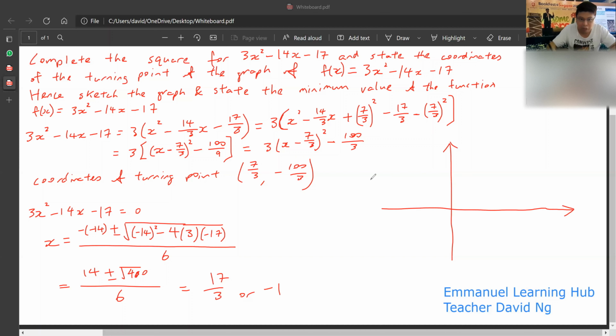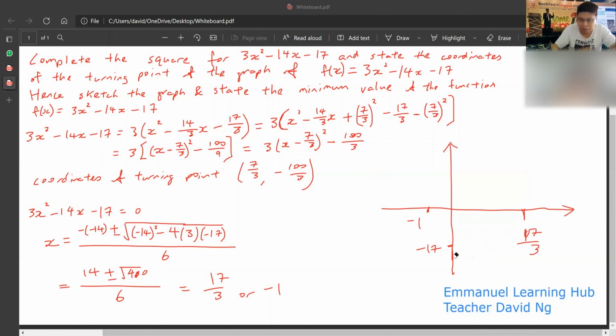Okay, this is a U-shaped curve, right? U-shape cut at -1 and 17/3. Okay, minimum point. Okay, this is -17. Okay, minimum point is here. 7/3 and -100/3. Okay, that means all.